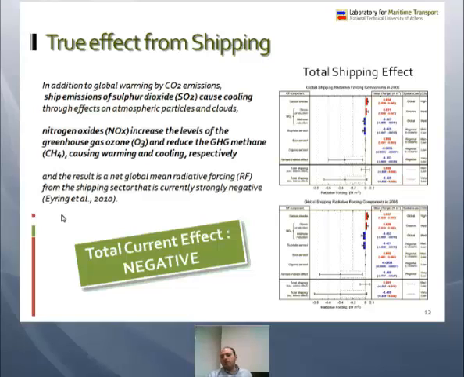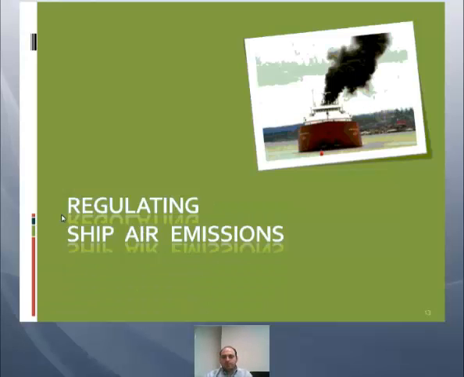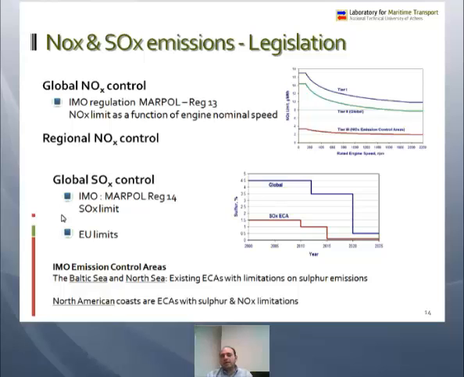Now I'm moving to how we regulate ship emissions. Probably you know that the International Maritime Organization is the single authority that we have in shipping for setting these global regulations. Of course, we have other regional regulations, but the IMO has set these standards for NOx emissions.